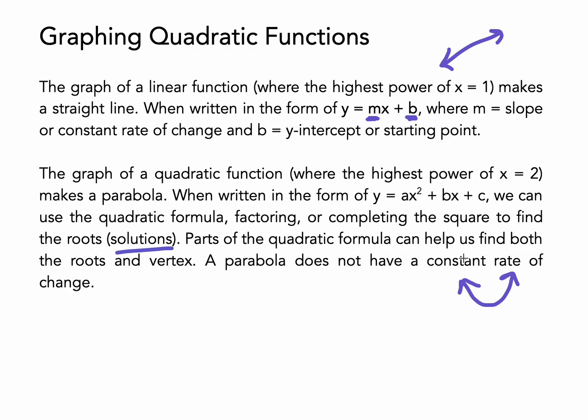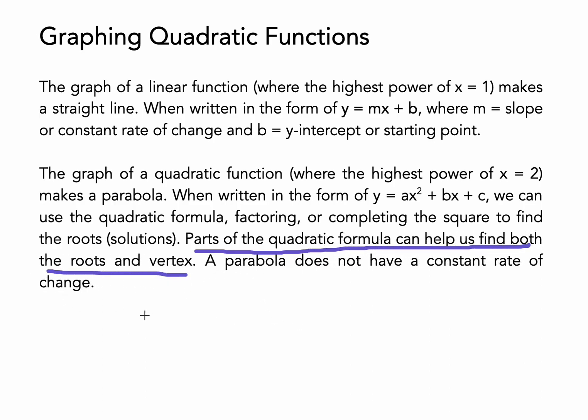Parts of the quadratic formula can also help us find both the roots and the vertex value, and we'll talk about that later. A parabola does not have a constant rate of change because it's just constantly going faster or slower along that parabola.